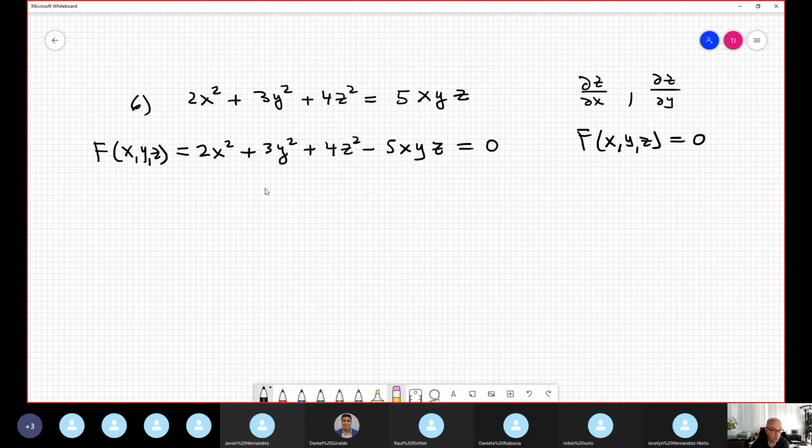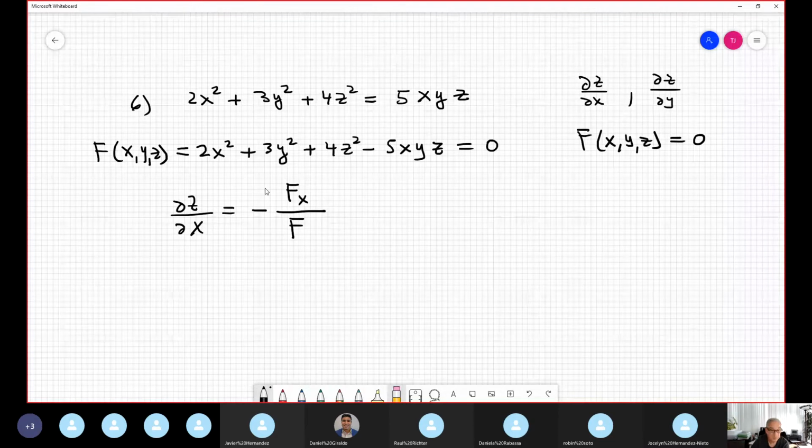So, in order to find the partial of z with respect to x, well, the formula is minus the partial of capital F with respect to x divided by the partial with respect to z. This is the formula.